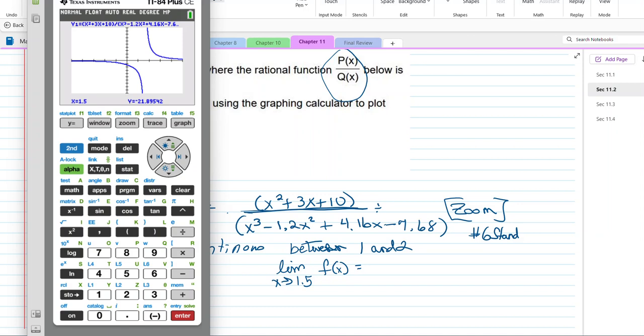It's about -21.9, more or less. So we know we're getting close. Let's try the limit as x approaches 1.6 of f of x. This time I put 1.6, and I have undefined.